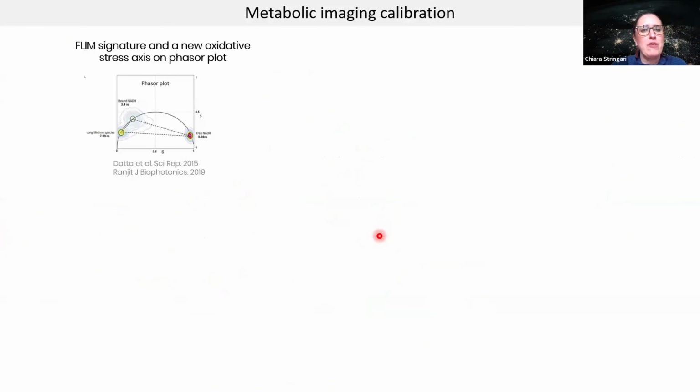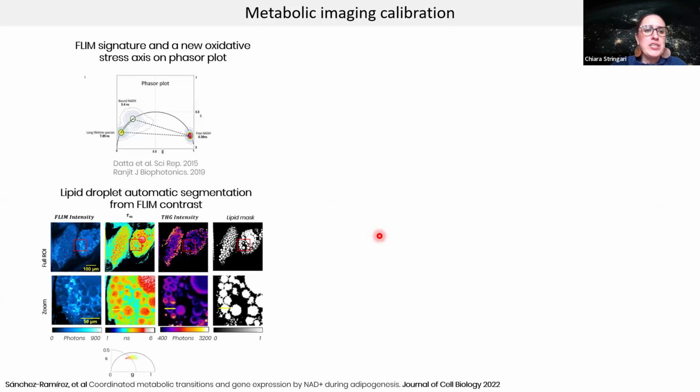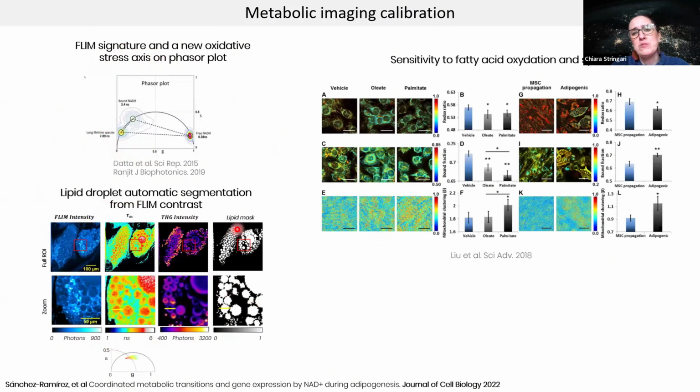And I just want to point out that there are also new biomarkers for oxidative stress and lipid-associated fluorophores. And we have also done some automated segmentation of lipid droplets by using this long lifetime. And I just want to point out that NADH lifetime is also changing with fatty acid oxidation and synthesis.